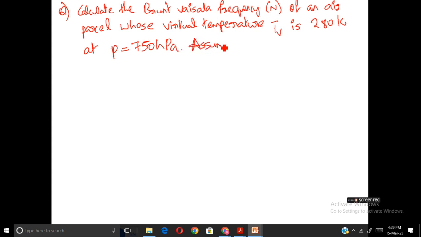Assume gamma v is equal to 6 Kelvin per kilometer. So the environmental lapse rate is given.